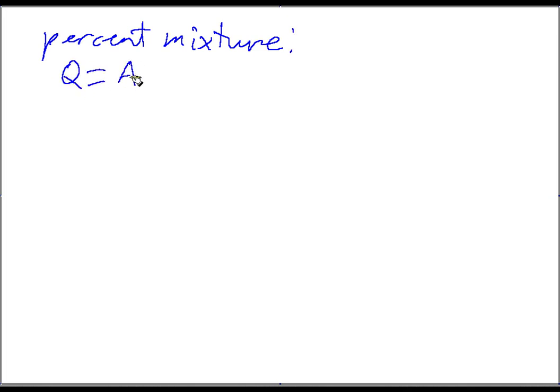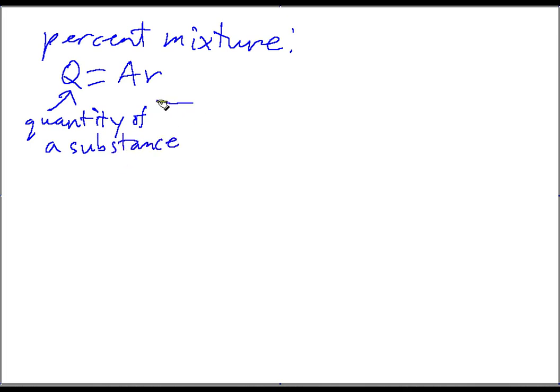All right, let's look at percent mixture. If you recall this equation we had last time, Q is equal to A times R. Remember that? Where Q is the quantity of a substance, such as an acid solution, for example, and A is the amount of solution that we're using.